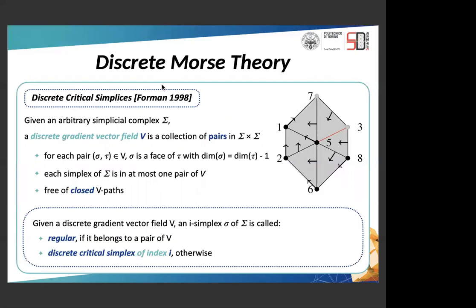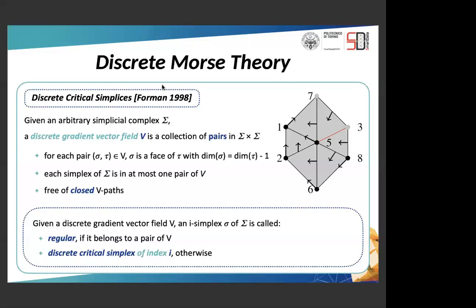Pairs are depicted as arrows on our surface in the example, and the collection of pairs cannot create closed paths in order to be called a gradient. In discrete Morse theory, critical elements are critical simplexes, rather than simply vertices, and they are those simplexes not belonging to any pair of the gradient.